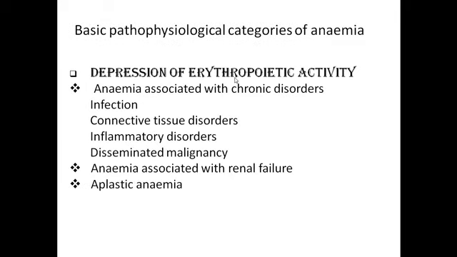Basic pathophysiological category of anemia: depression of erythropoietic activity, anemia associated with chronic disorder, infection, connective tissue disorder, inflammatory disorder, disseminated malignancy, anemia associated with renal failure, aplastic anemia.